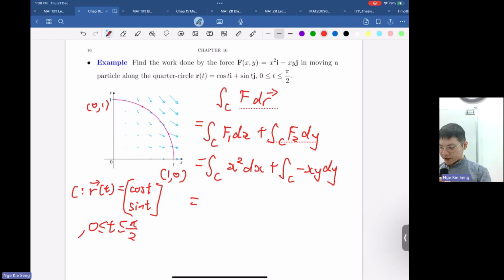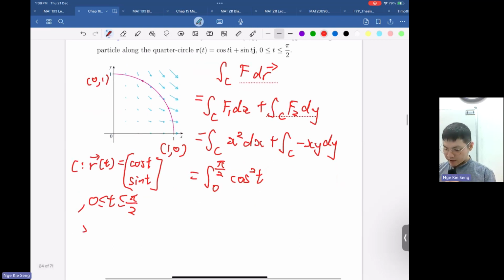So the first integral becomes integration from 0 to pi over 2. x squared in this case is cos squared t. What is x prime t in this case? Minus sine t. So we get minus sine t times dt.